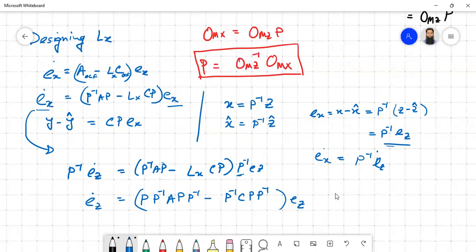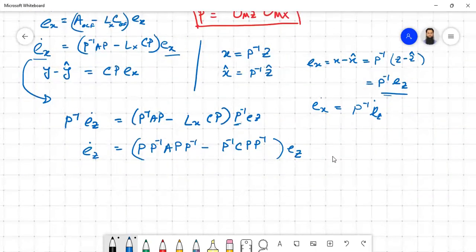So now we can see that EZ dot is basically A, and these are cancelling each other. So A minus this will be P LX.